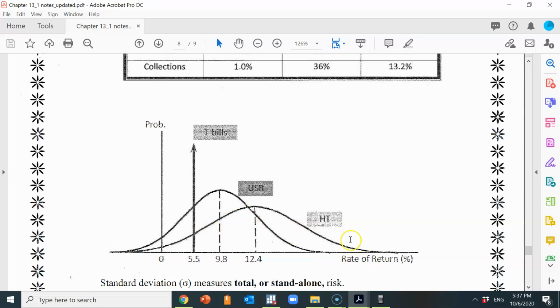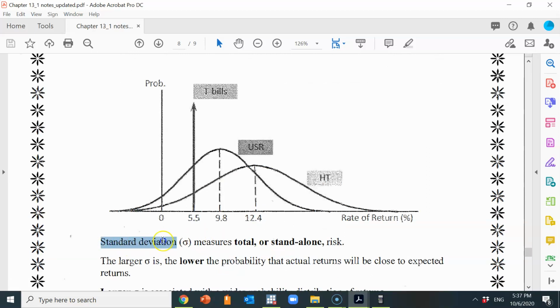And for high tech, the expected return is the highest, 12.4%, and it is also very widespread. It's flat. It's not as concentrated as U.S. Rubber, where U.S. Rubber has a lower expected return, 5.8, but it's more concentrated. The possible returns are more concentrated around the expected return, so it's less risky.